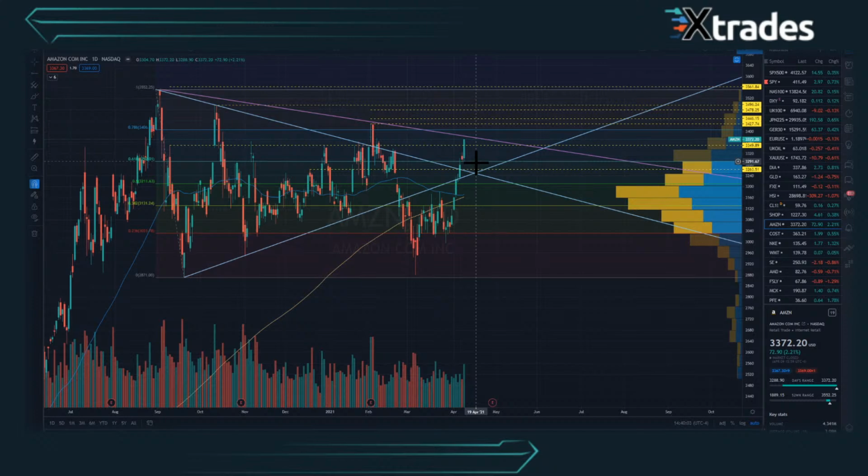So I would sell the open 3,290 and then buy the open one or two strikes lower. Just trying to find that 1 to 3 risk reward ratio right there, and that's the strike I would pick. Because I would expect that this 0.618 fib to hold. So if we do reject here, that's what I would look for.